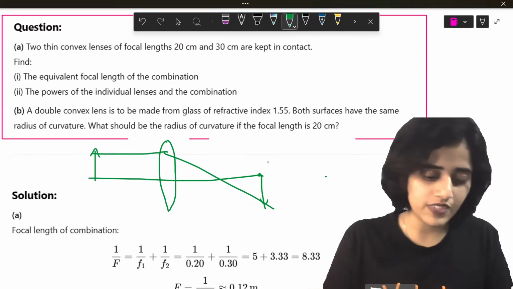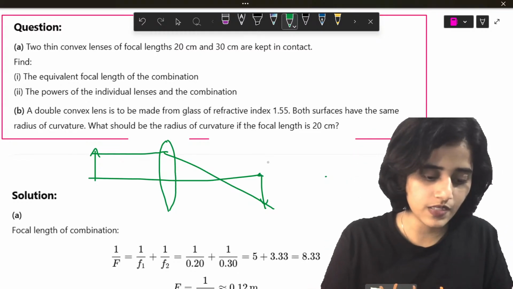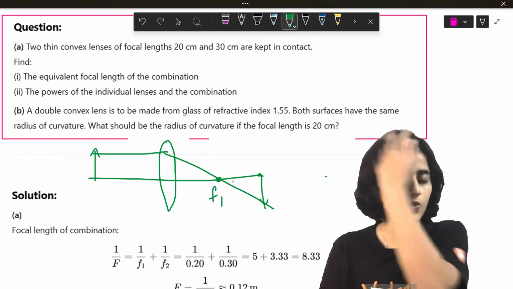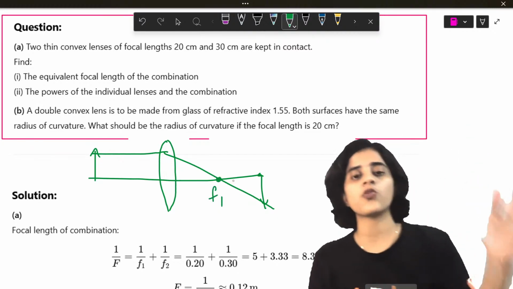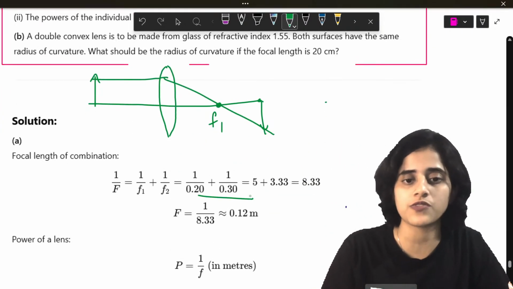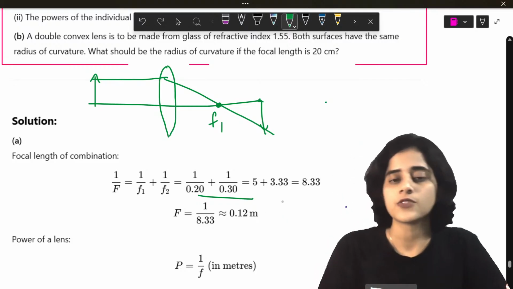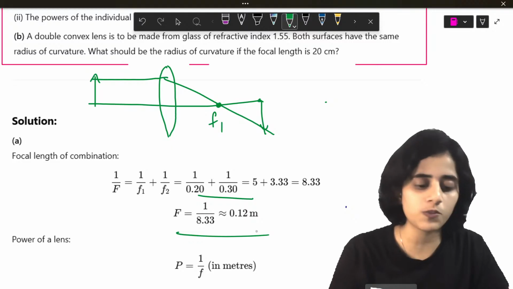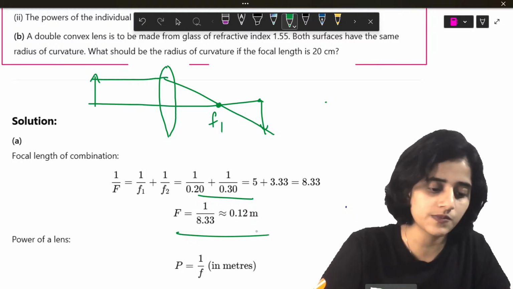The focus will be here. For a convex lens, the focus is positive, which is why both of these are taken as positive. So 1 by f is 8.33, and f is 1 by 8.33, which is 0.12 meters.